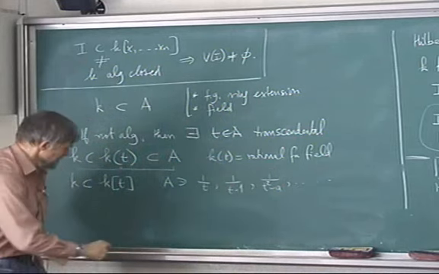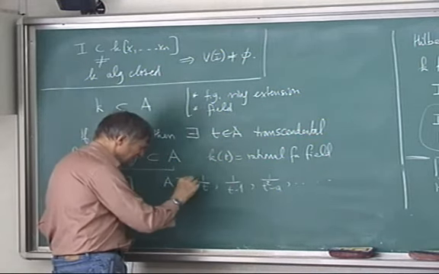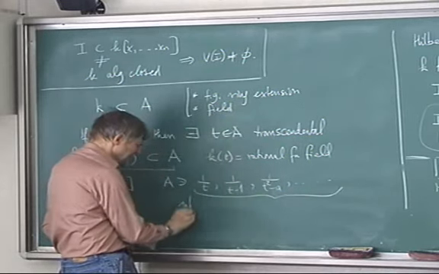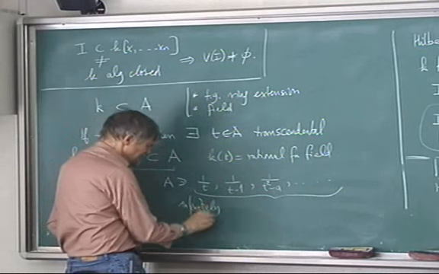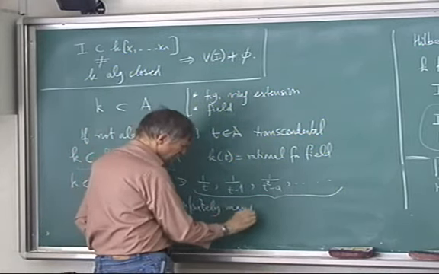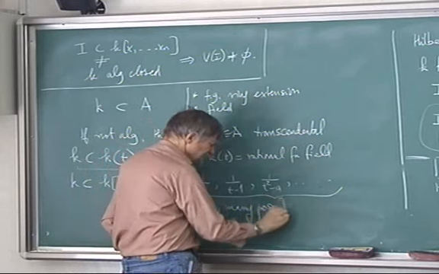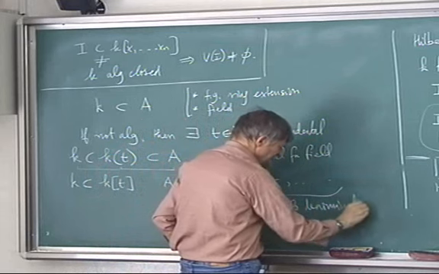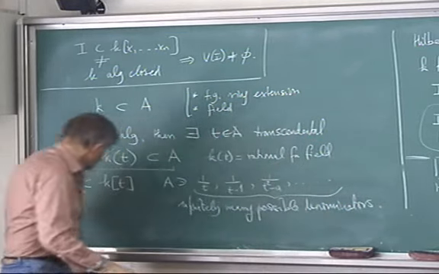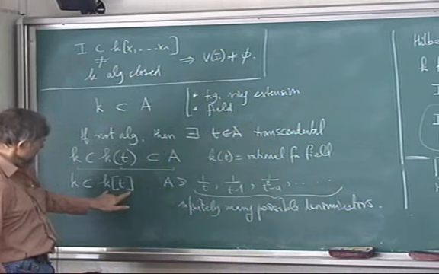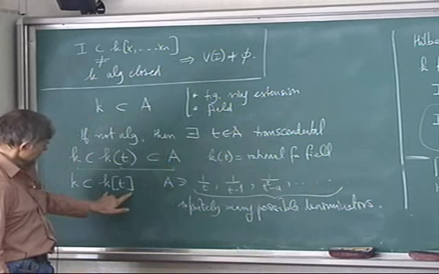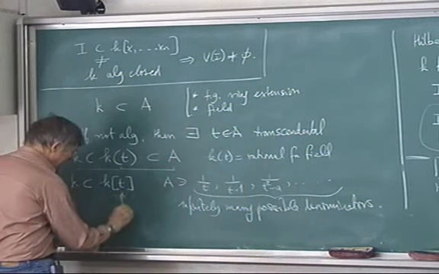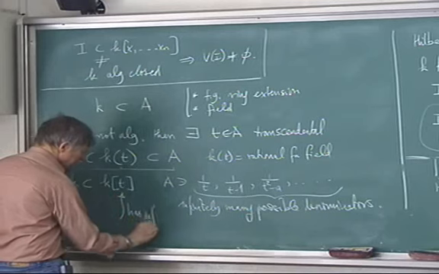So the point I'm trying to make here is that there are infinitely many possible denominators. Okay, so think about this polynomial ring k[t]. k[t] has infinitely many primes.